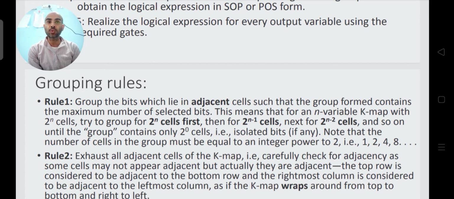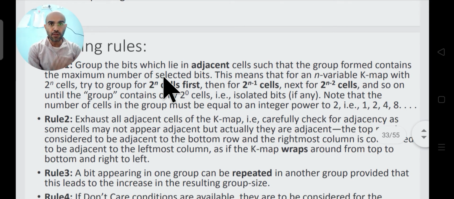So don't confuse yourself. If you have obeyed the rules properly, then there is no need to get confused. So what are the rules of this grouping? The very first thing which I have told you is adjacency. While forming the group, the first thing we have to consider is the adjacent cells.